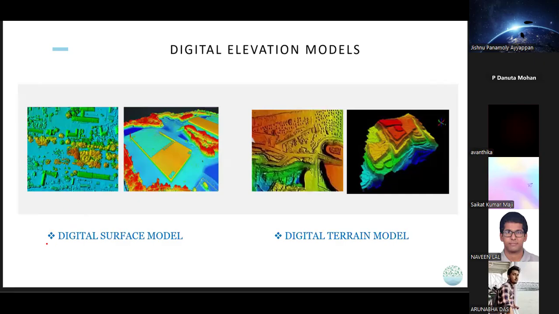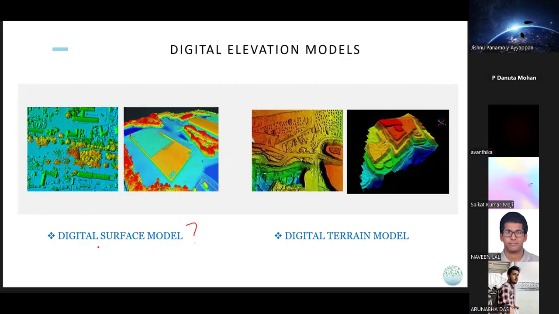What is a digital surface model? It is the representation of both ground and non-ground points. It will include the vegetation, the buildings, poles, whatever is present on the earth's features, everything will be there.